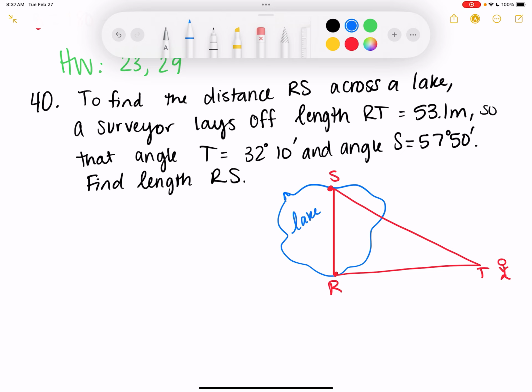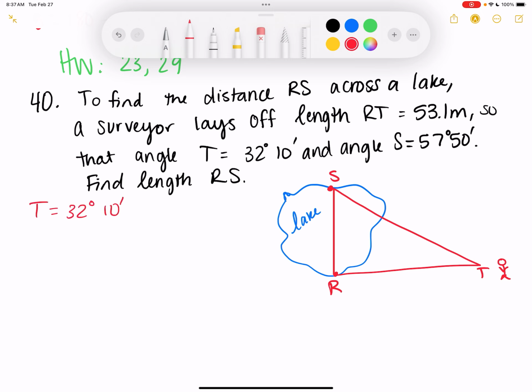So I have two angles given to me, but the problem is that they're in degrees and minutes, so I need to convert those first. Okay, so I'm going to do that, and then I'll finish filling in my picture. So how do I convert angle T from 32 degrees 10 minutes into decimal degrees?